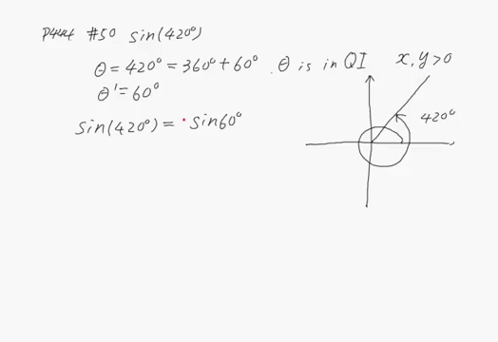So this guy is positive. So right now, you may just leave this in this form. So we know this guy is equal to sine of 60 degrees. What is the sine of 60 degrees? Root 3 over 2, right? So you need to memorize these commonly used angles, okay, sine values. So this is the first example in which we use the reference angle and also the position of this angle to find the exact value of the sine.